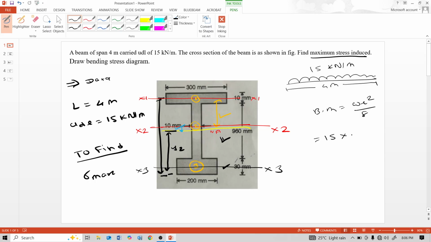W is 15 and L is 4, square by 8. 15 into 4 square by 8 is 30. This 15 is in kilonewton per meter, 4 is in meter, that means kilonewton meter. That means this bending moment is in kilonewton meter.